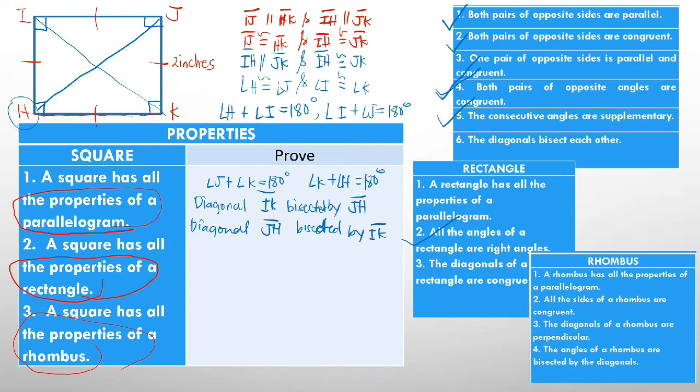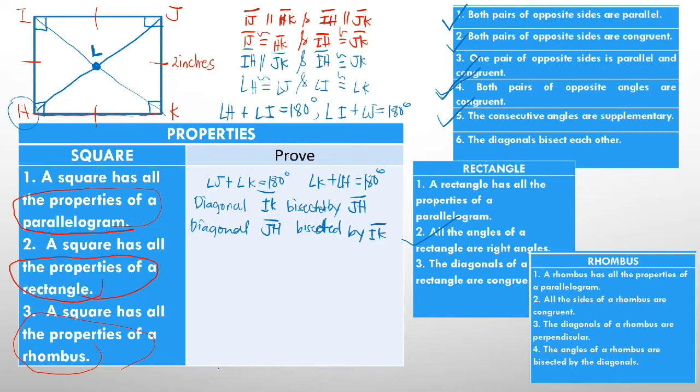Therefore, the intersection is letter L. So our IL is equal to KL since it was bisected.